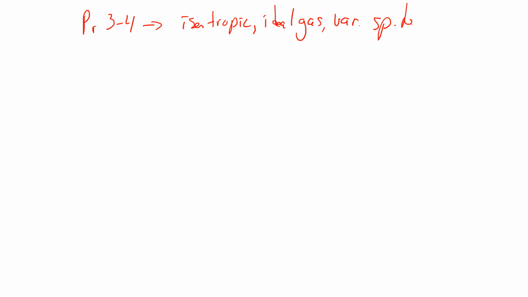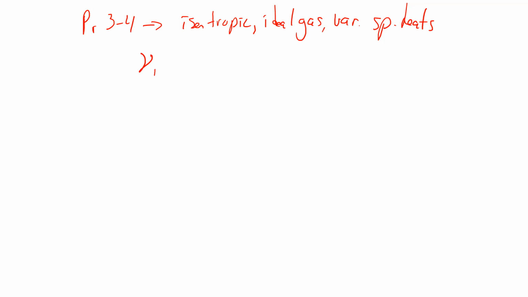So now I analyze process 3 to 4. Again, this is an isentropic process for an ideal gas with variable specific heats.